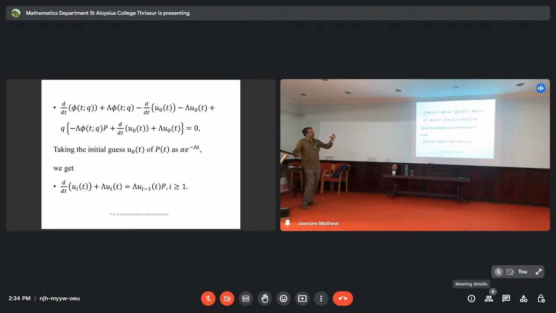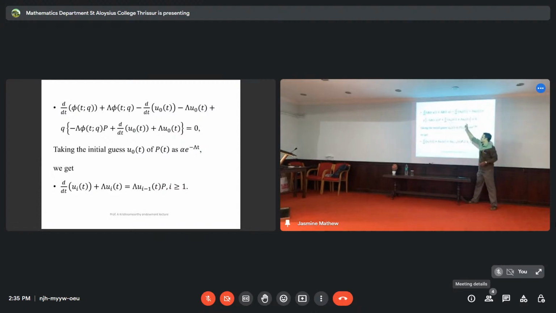Now when we substitute that in the equation above, by taking u0 as this, again we will see that these terms vanish. This differential equation vanishes because alpha e to the power minus lambda t is a solution of this differential equation. This part here vanishes, as well as this one.